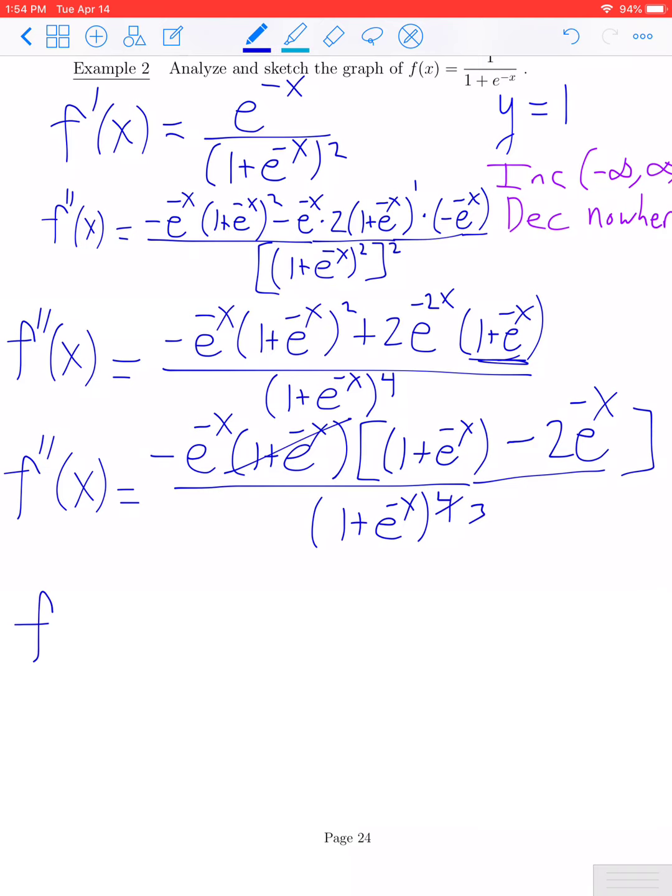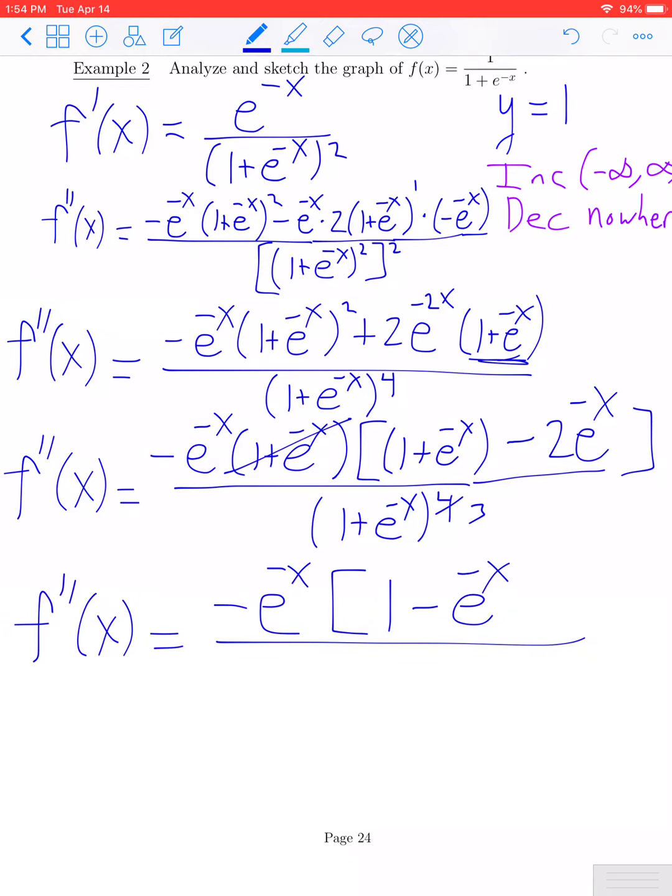And so we have that f double prime of x, after all of that, is equal to negative e to the negative x bracket 1 minus e to the negative x all over 1 plus e to the negative x cubed. Okay. So this is the expression for our second derivative.